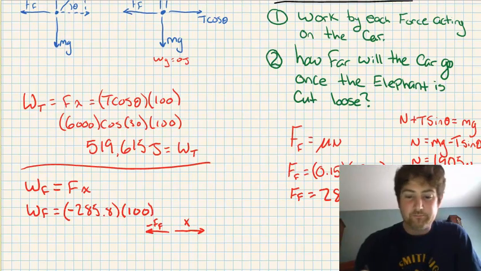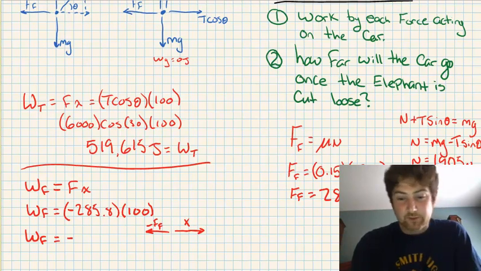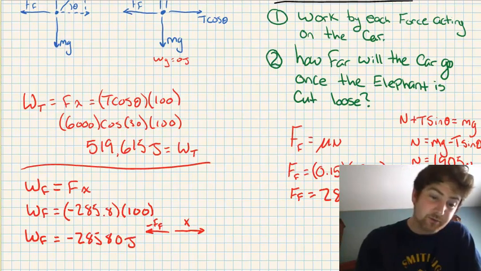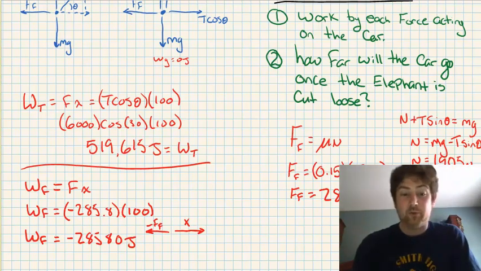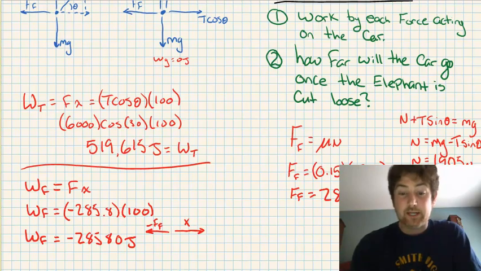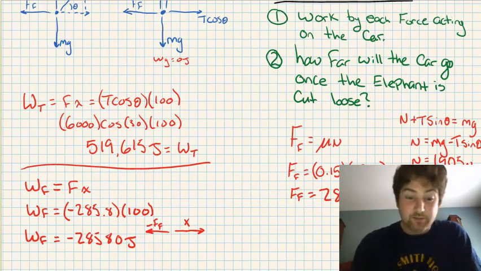That's going to equal the friction force times distance. The tension force is no longer there because the elephant is gone, so the normal is now just gravity, and friction is mu times mg. Friction is pointing negative while the velocity is to the right, so we have negative work and negative force.